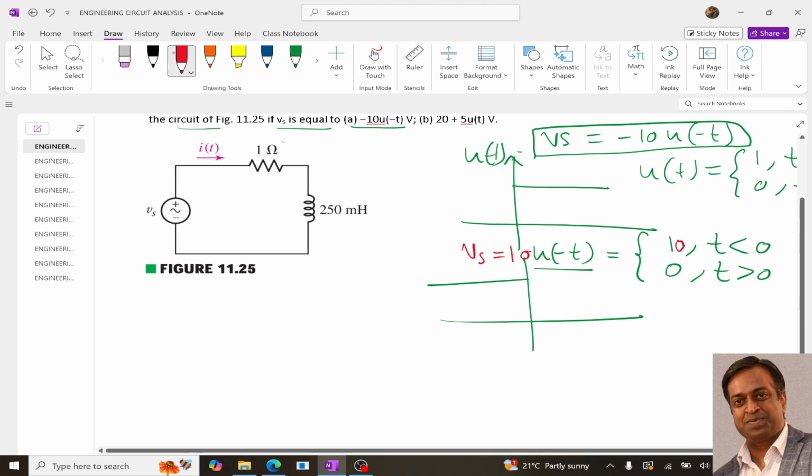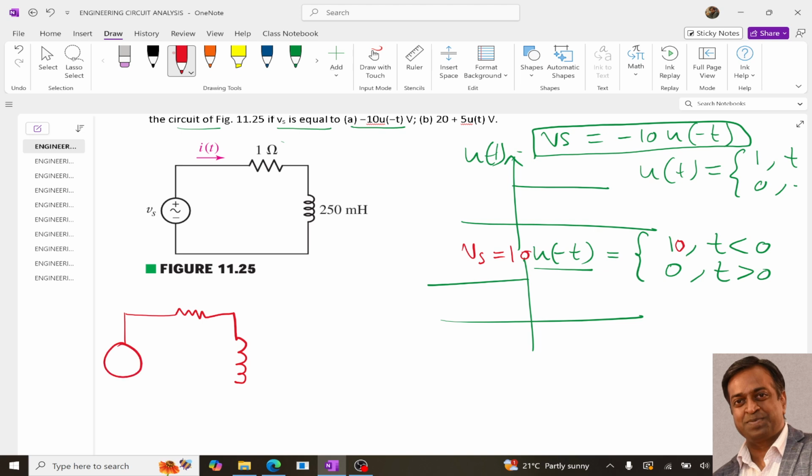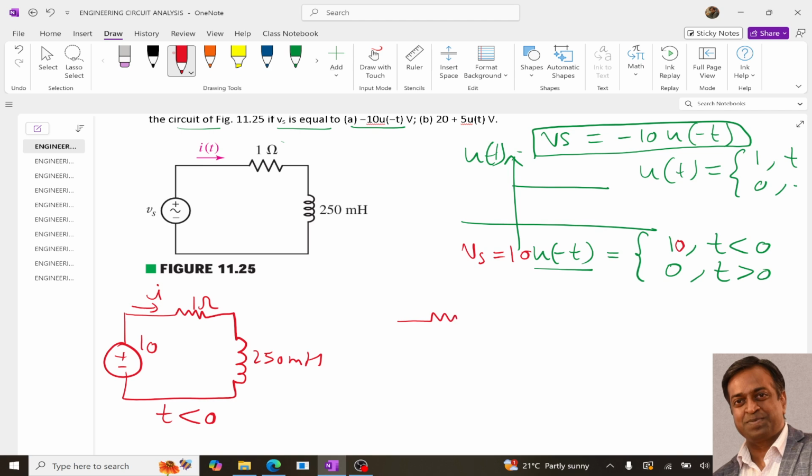It means that this circuit can be redrawn like this: this is 10, and this is the condition for t less than 0, and this is the condition for t greater than 0. So over here Vs is equal to 0 volts.